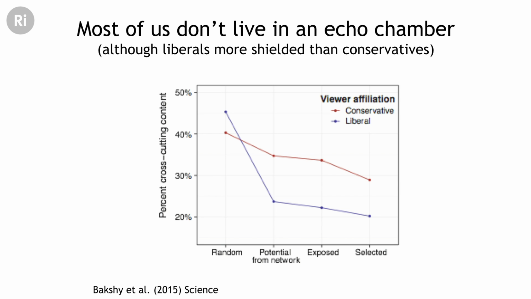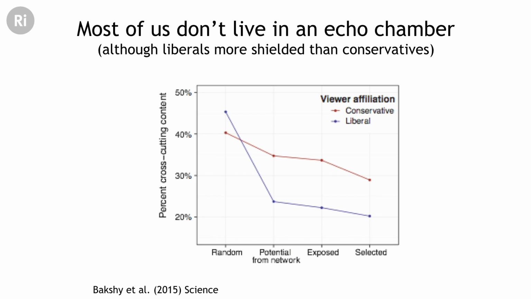If they took their news at random, they would get 40% liberal type of news, and they get 35% liberal type of news. So conservatives see a lot of news which disagrees with their point of view.